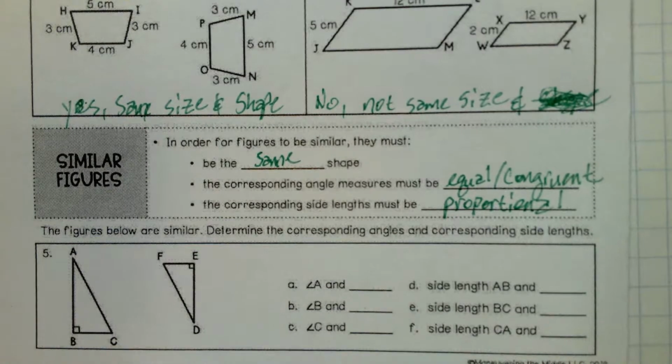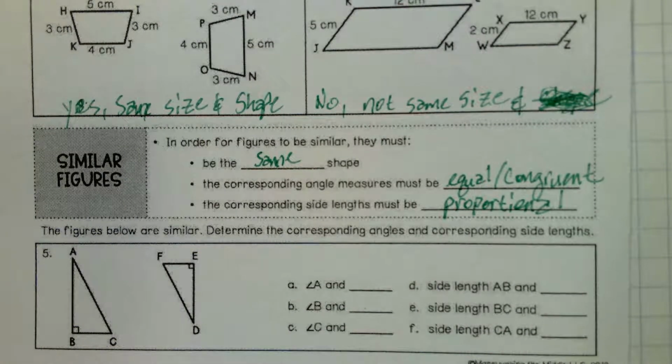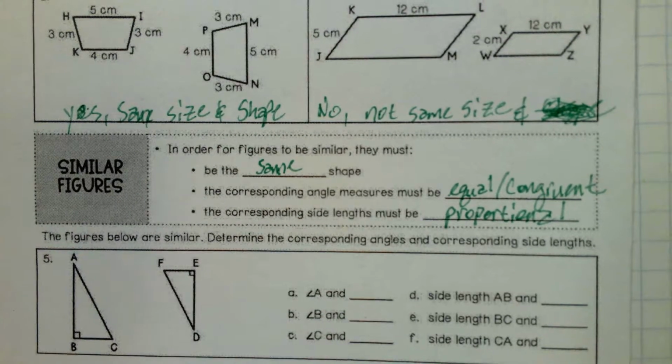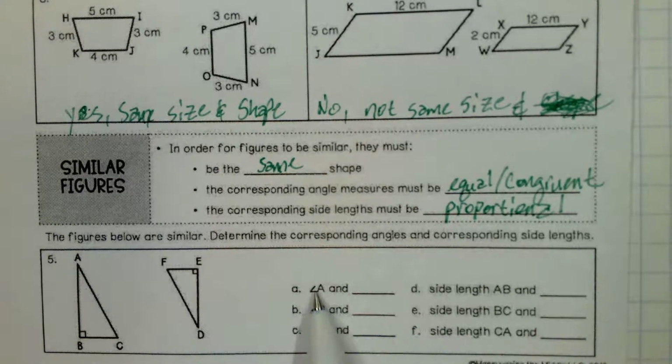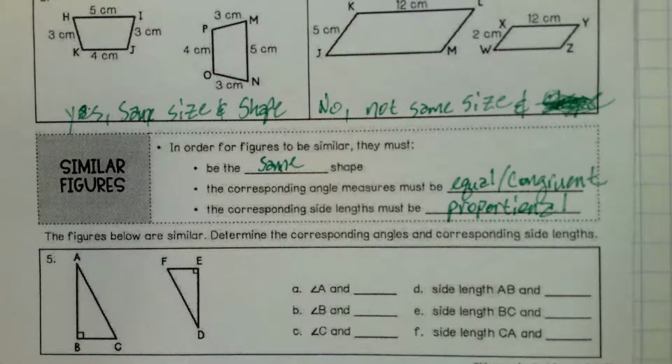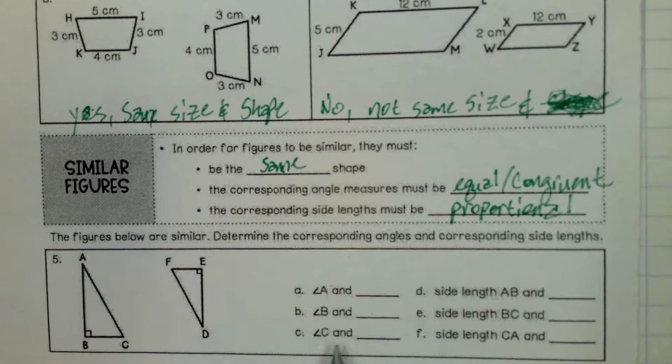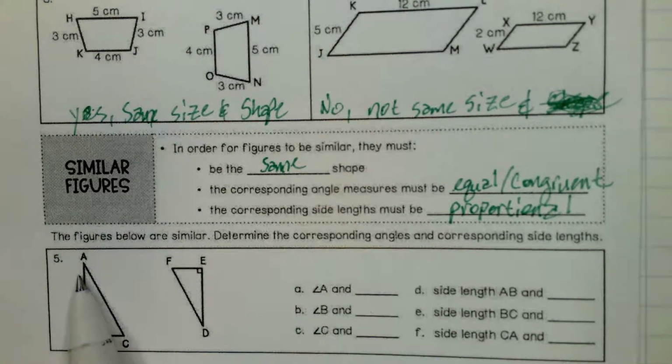So let's go ahead and study this a little further. The figures below are similar. Determine the corresponding angles and corresponding side lengths. Okay, so we want to find out which angles from one triangle to the other match up or correspond. So let's start with angle A. Which angle would correspond to A?